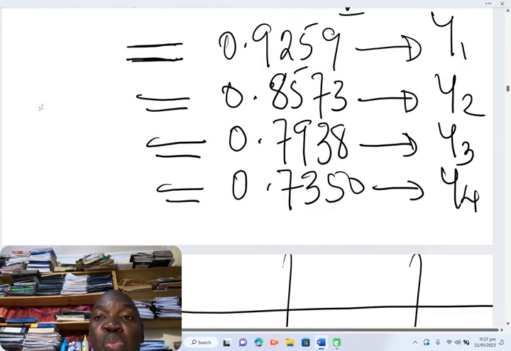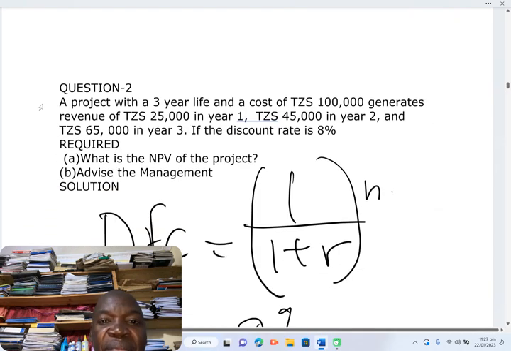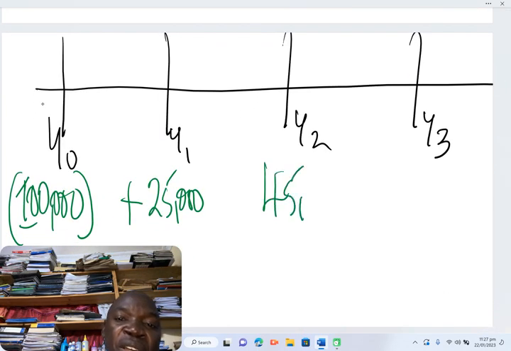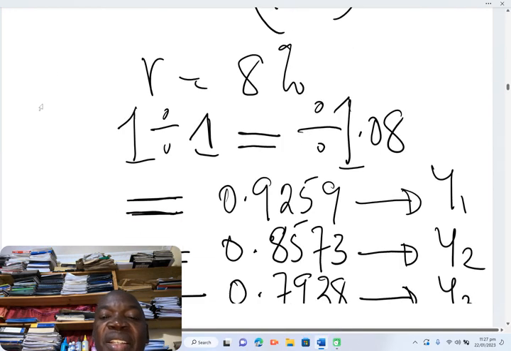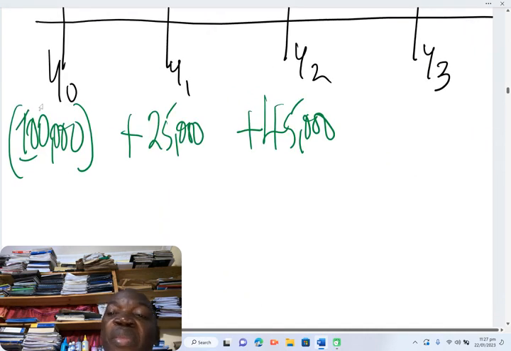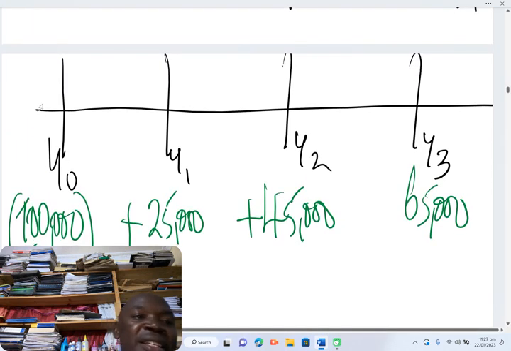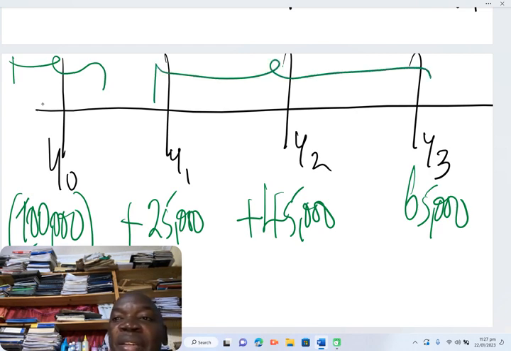In year 2, the project generates 45,000, positive. In year 3, it is 65,000. You can classify this as the initial cash flow, and these as the interim cash flows.